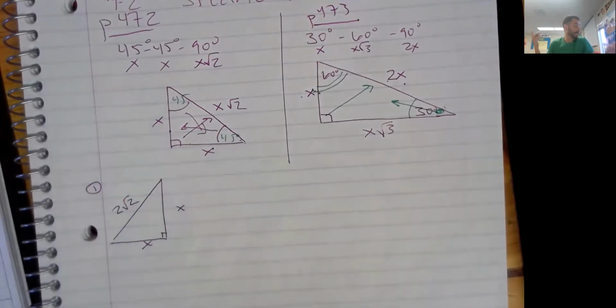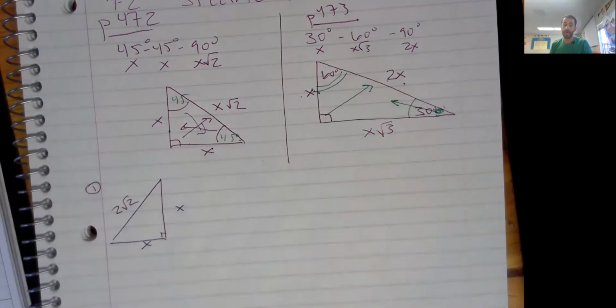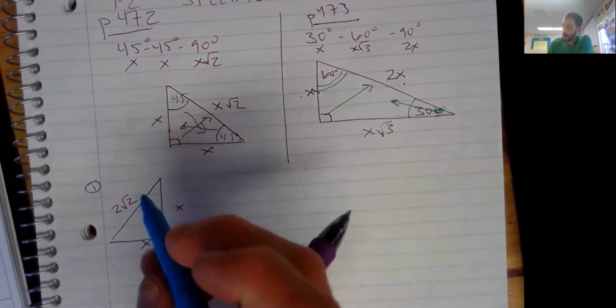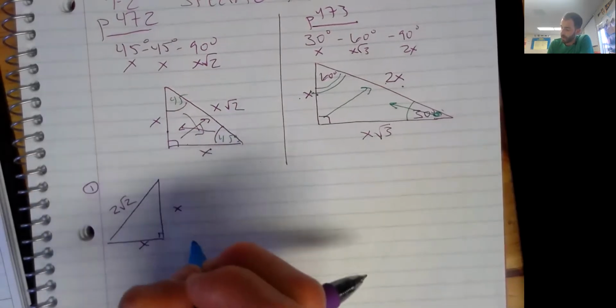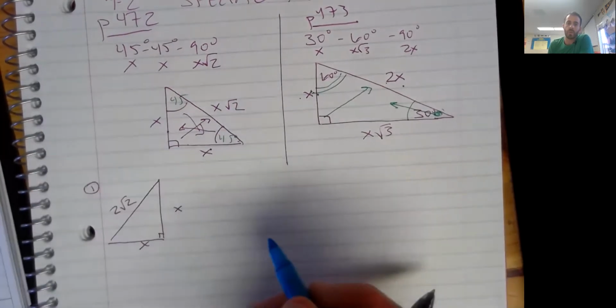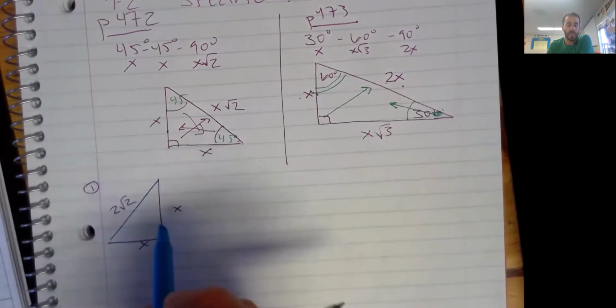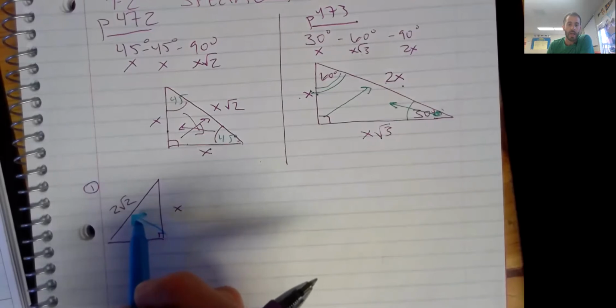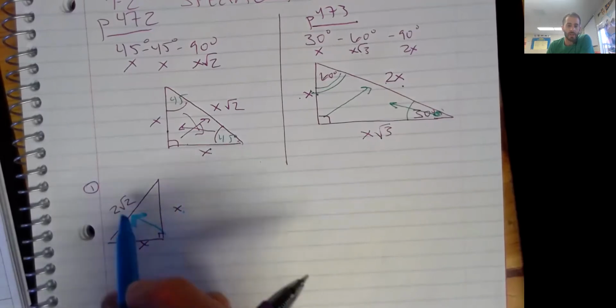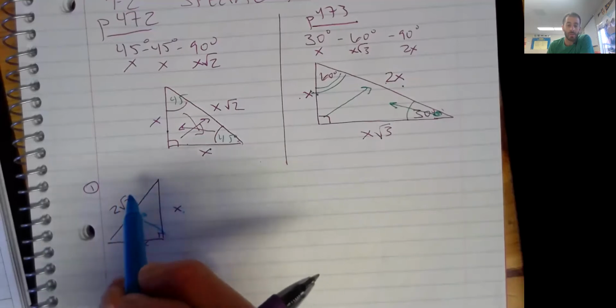Okay. What do we know? All right, we got a triangle. I see 2 of the same sides here, which means it's a 45, 45, 90. It's an isosceles triangle. This is 90. These have to be 45, 45. Now, what do we do? All right, here's the thing. What did I say about this side? This side across from the 90 degree, the hypotenuse, is the length of these sides with a rad 2 slapped behind it.